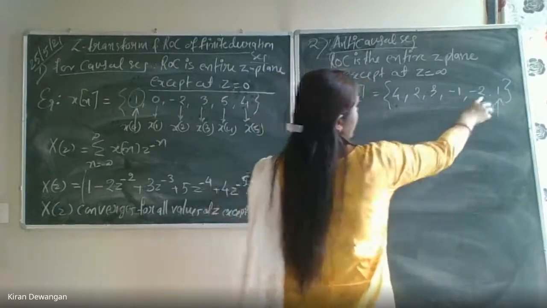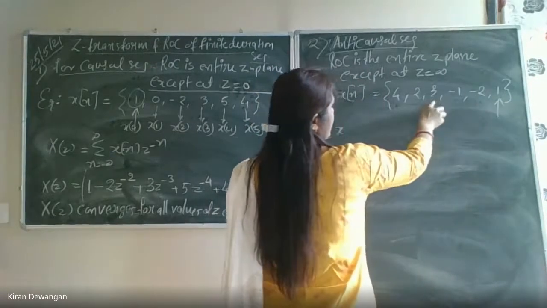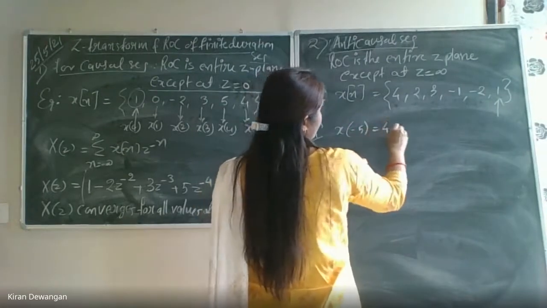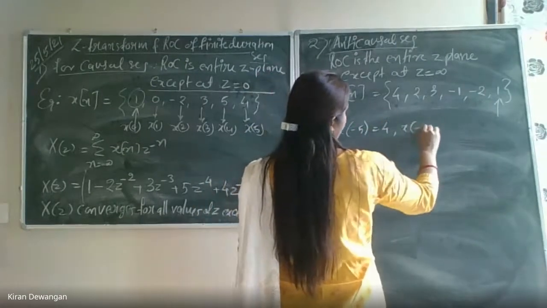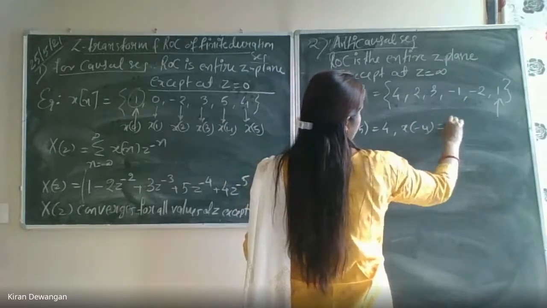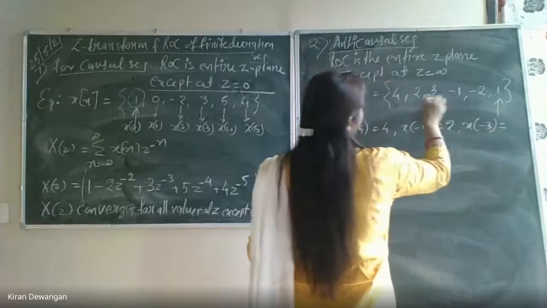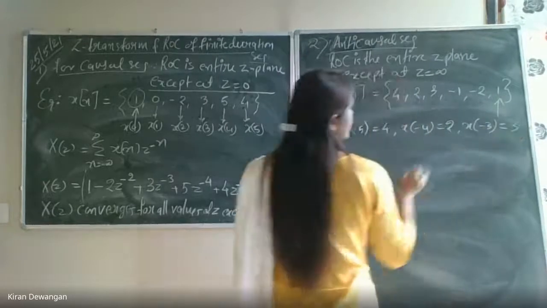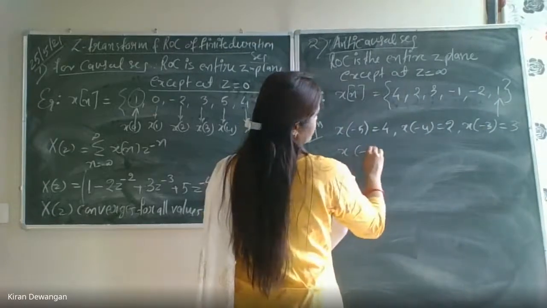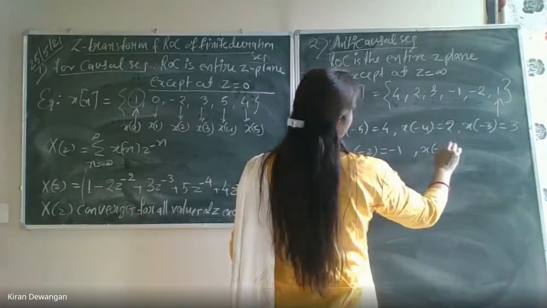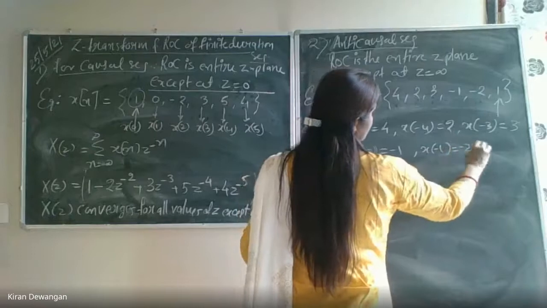ठीक है, ये n equals to -1, -2, -3, -4, -5. So x of -5 is 4. X of -4 is 2. X of -3 is 3. X of -2 is -1. X of -1 is -2.